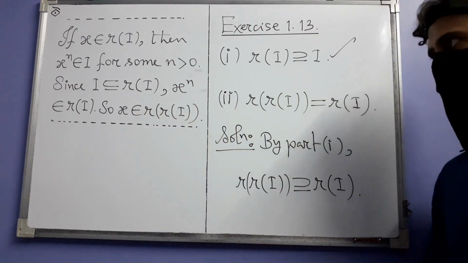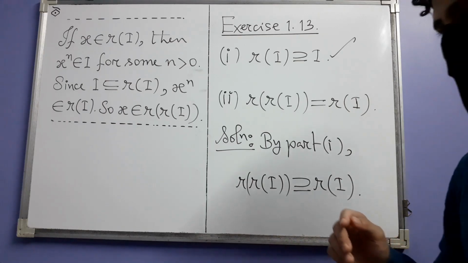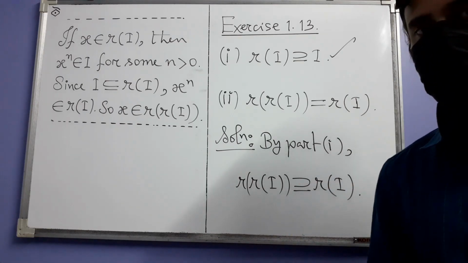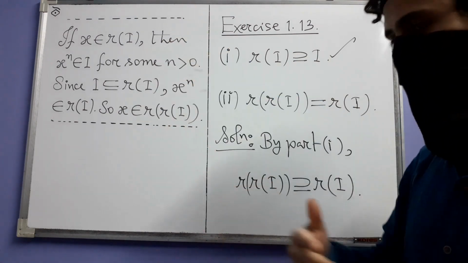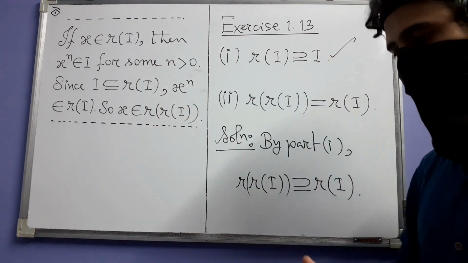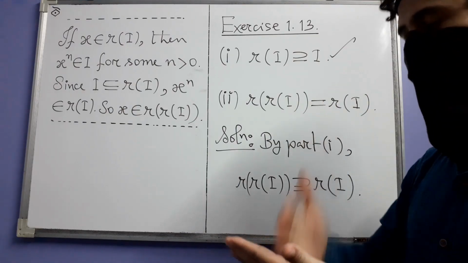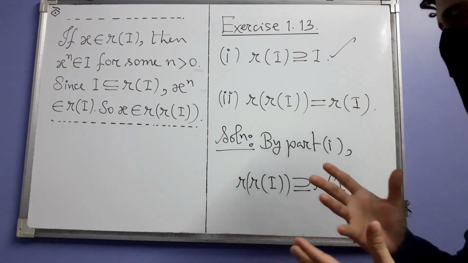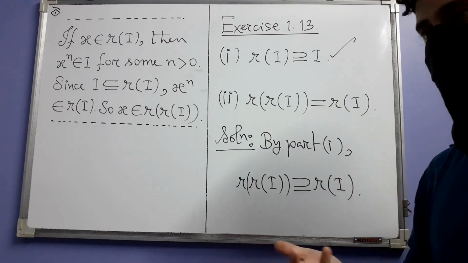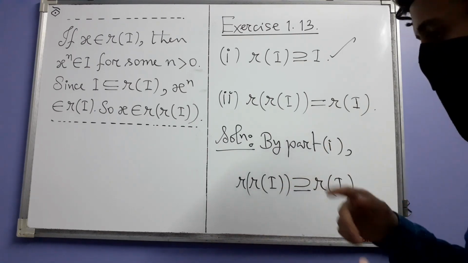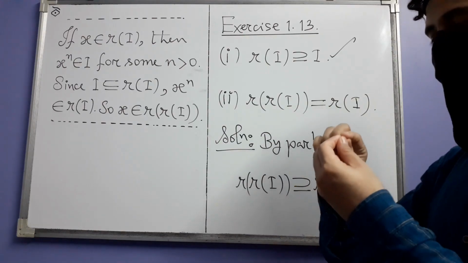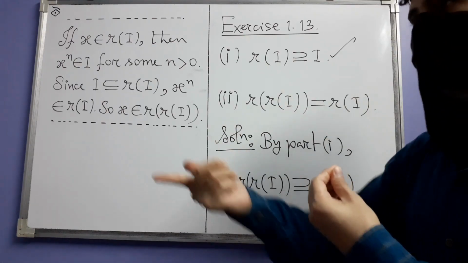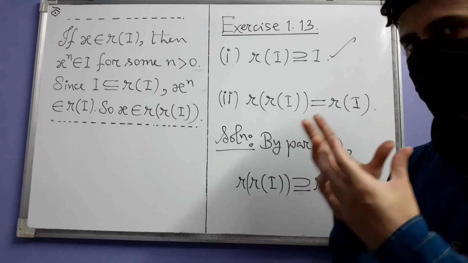Now I feel that this is something which you will quickly understand. Because of this, it also doesn't go like this in your mind, systematically like this. You just think of the condition that you need for an element to satisfy so that it will belong to the radical of some ideal. What is that condition? That some power of the element belongs to the ideal. Okay, so you just keep that in mind.